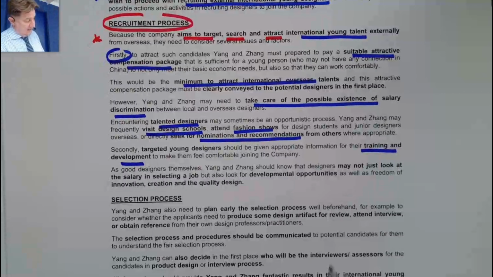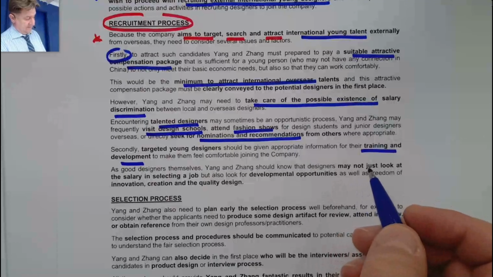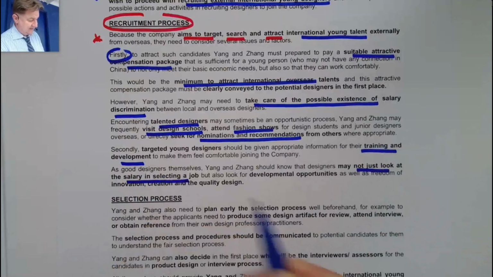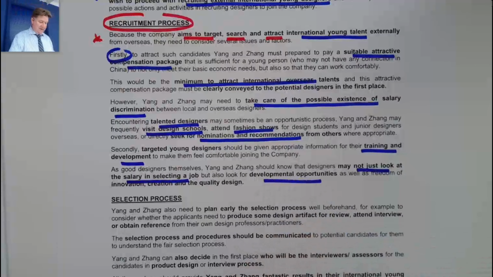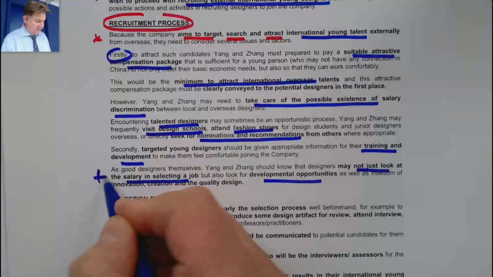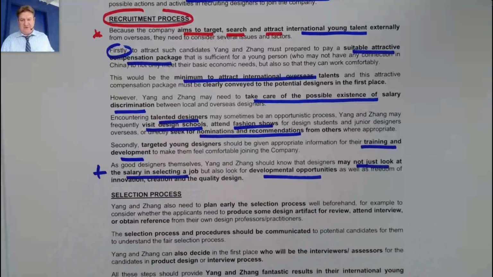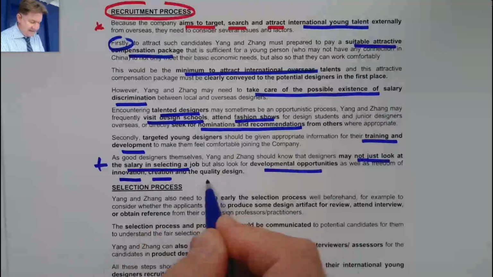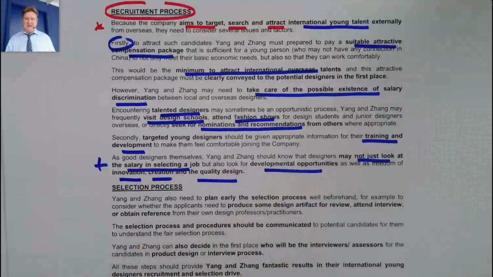And so if they are good designers, it's not just looking only for a good salary and selecting a job, but they'll be definitely looking for that as well. So definitely looking at things like development opportunities here, innovation, they'll be thinking about creativity. That is what they want to work in if they're working for our company. It's about that developmental opportunity, developing, training their skills, their experience.